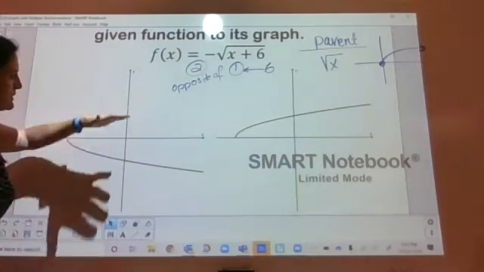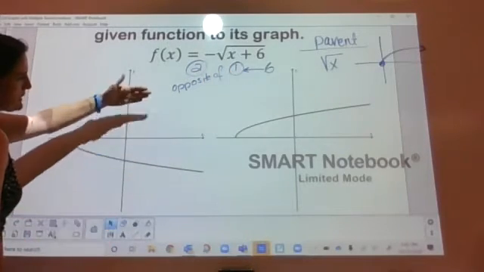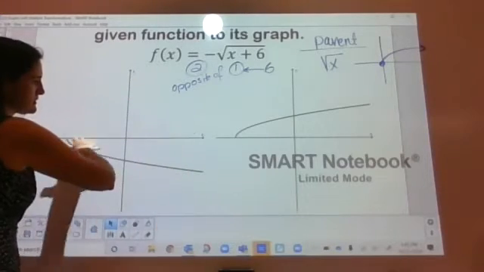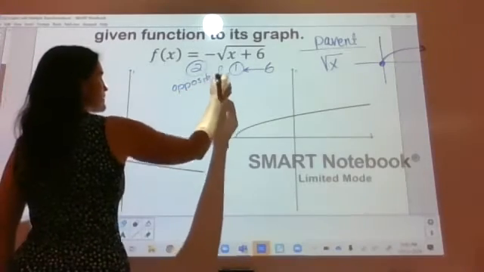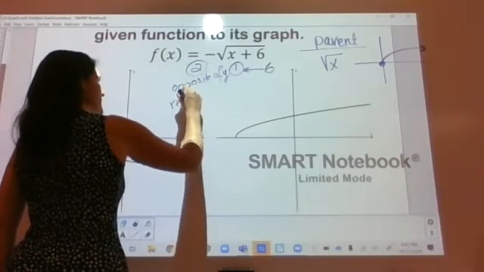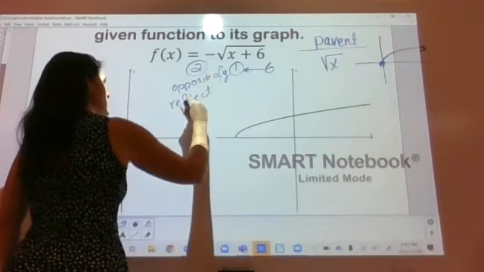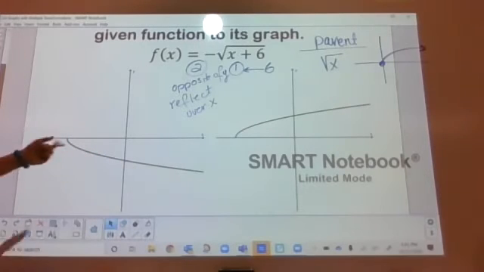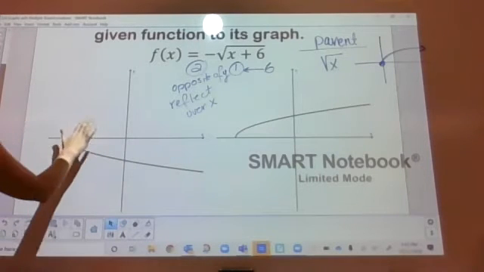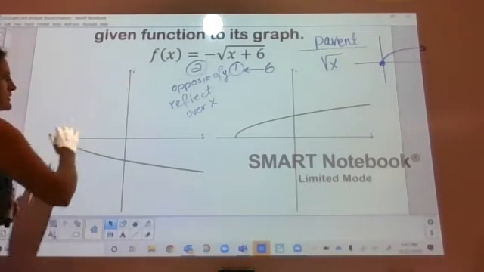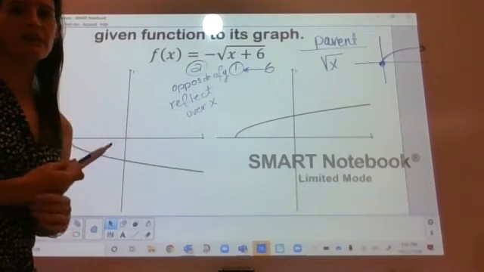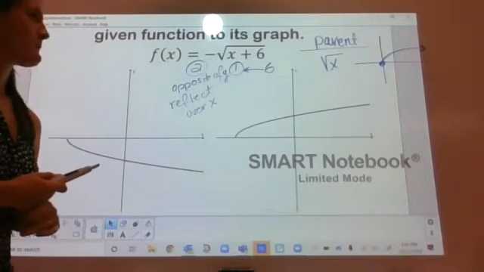So if it's positive it becomes negative, negative becomes positive, it's reflecting over this line. So it's reflect over x. So take a minute and think about which of those went left 6 and reflected over x, and pause the video if you need a second to think about it.